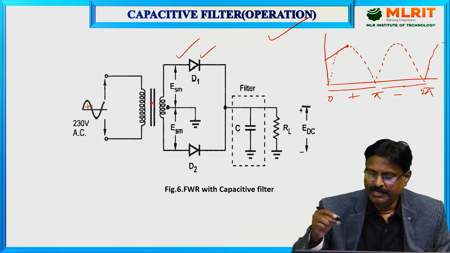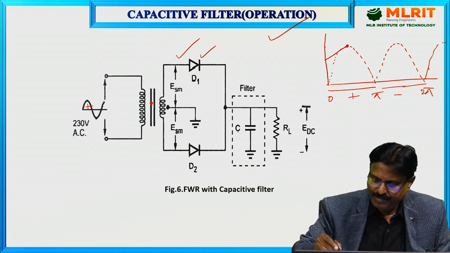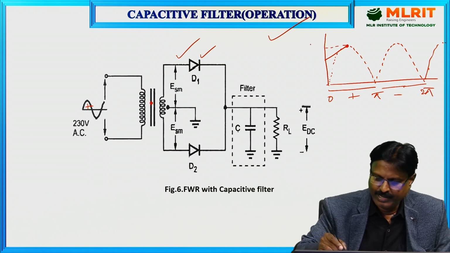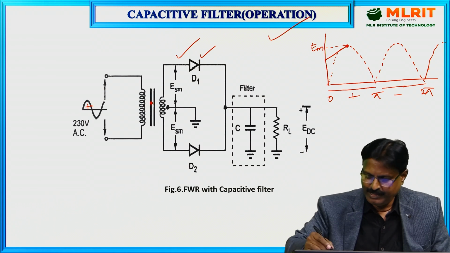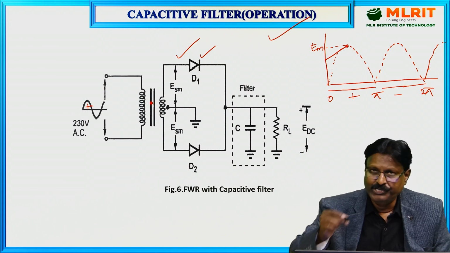Okay, it charges up to the peak value here. So the peak value, let it be EM. So it will be charging up to EM, right? And it holds the charged value.